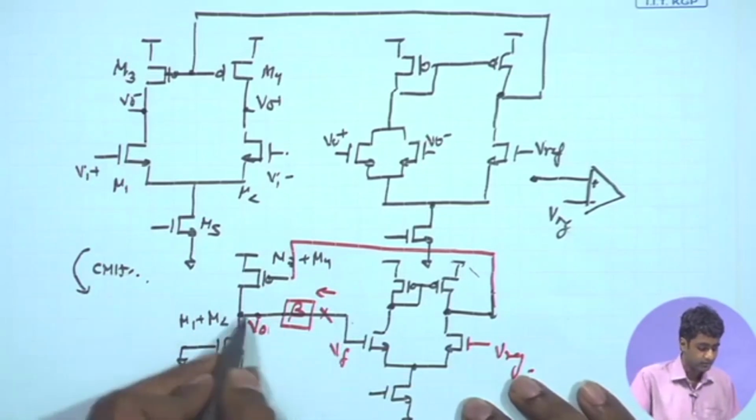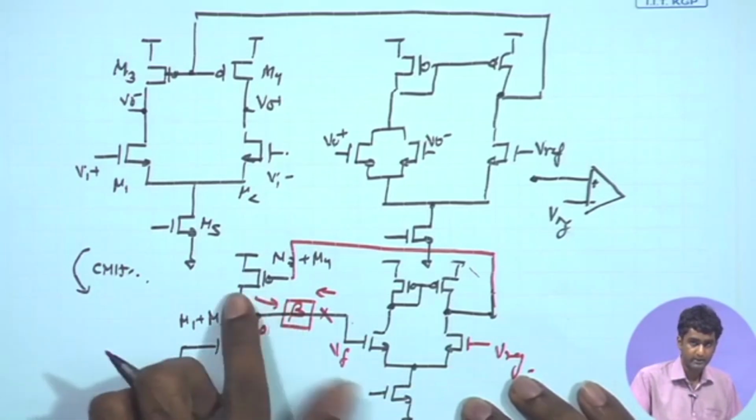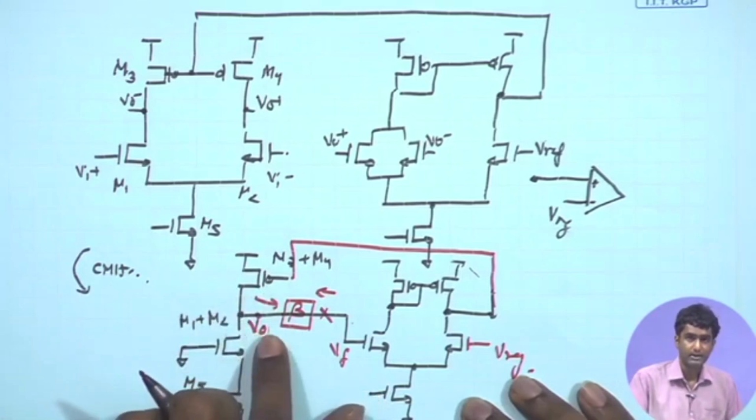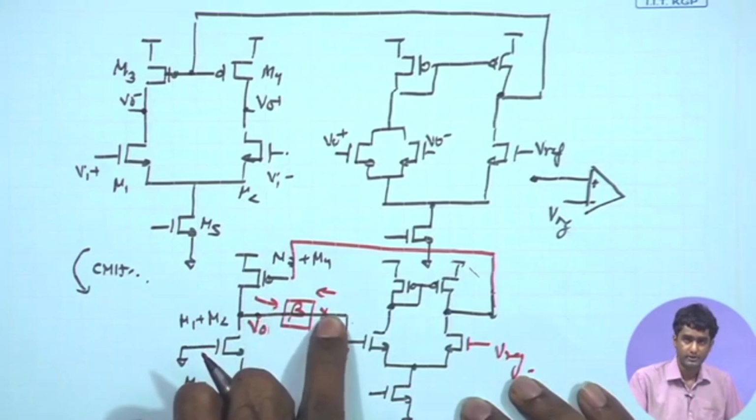And likewise, if I am looking at the feedback network from the input side, remember this is the input side of the feedback network, because here you are sampling the output voltage, and with a unity gain you are transferring it to the output point.